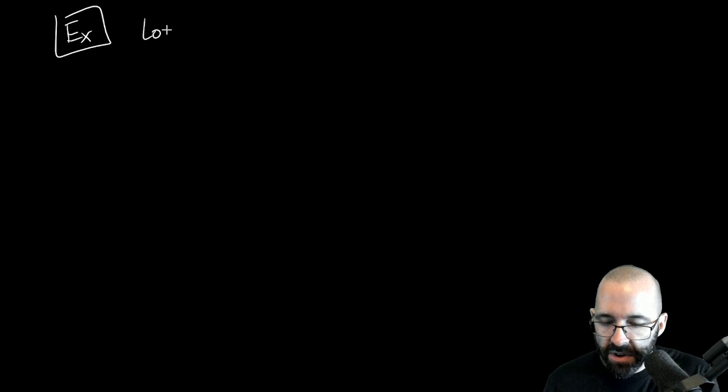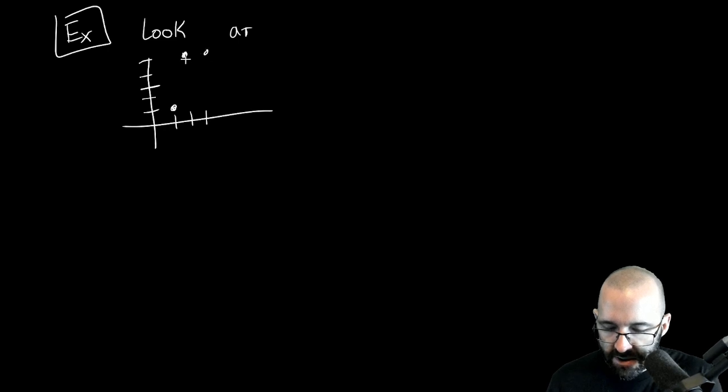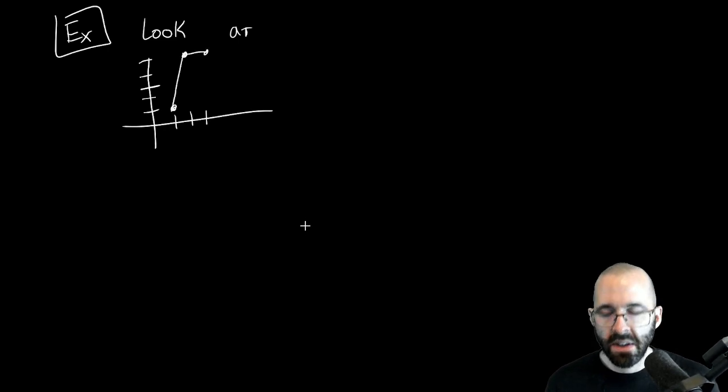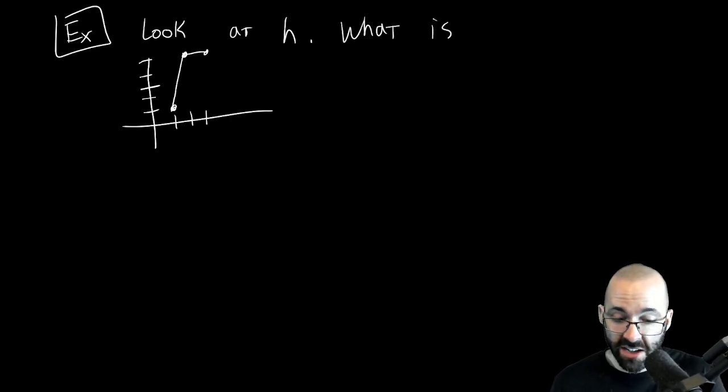So let's do some examples with the image of a set. Let's look at the same function from before in 3.8, the function that went from 1 to 3 and then 1 to 5. It looks something like this. I don't know if I called it H before, but it's H now.